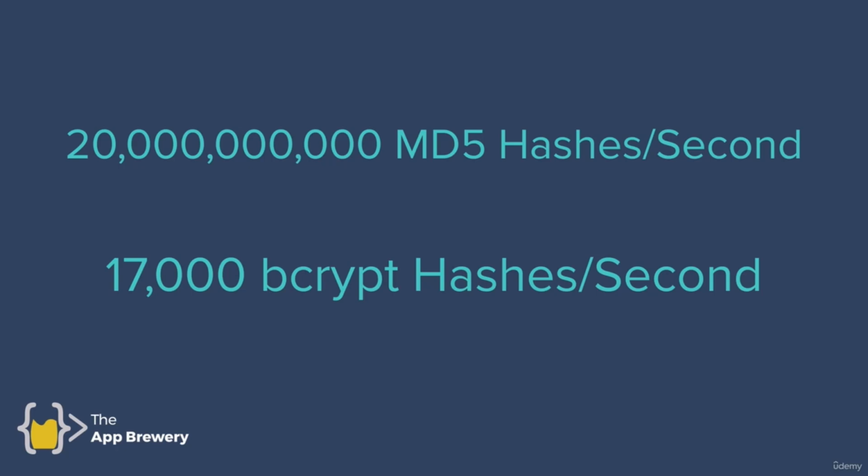And this is where Bcrypt comes in. This is one of the industry standard hashing algorithms that developers use to keep their users' passwords safe. Because while you can calculate 20 billion MD5 hashes per second, even the latest and the greatest GPUs in 2019 can still calculate only about 17,000 Bcrypt hashes per second, which makes it dramatically harder for a hacker to generate those pre-compiled hash tables.